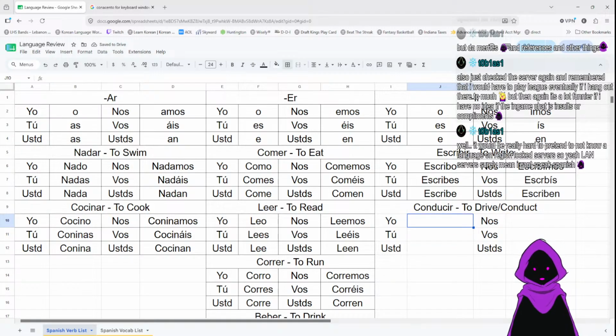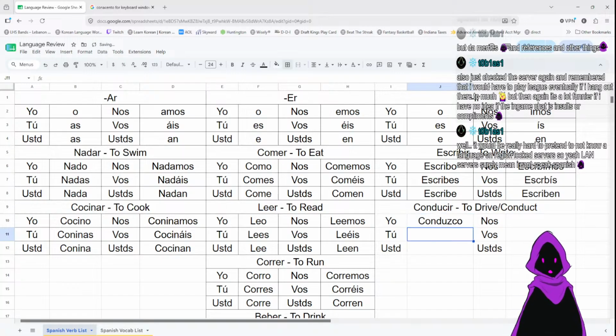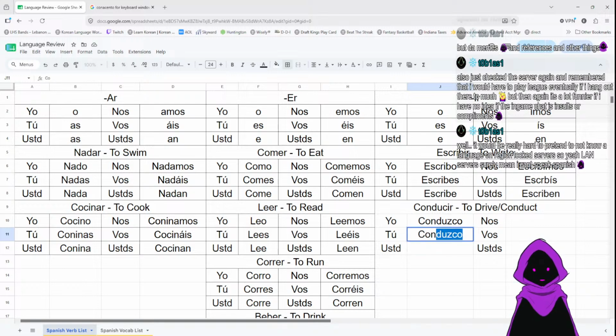Alright, so our first irregular form for I conduct is conduzco. The Z, conduzco. All the Z's in Spanish are pronounced with an S sound. You'll never actually say the Z. Then for you drive is conduces. Goes back to the normal form here for that one.